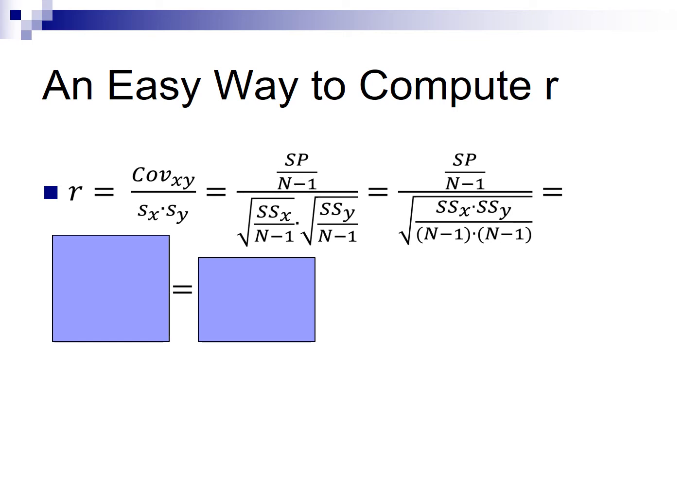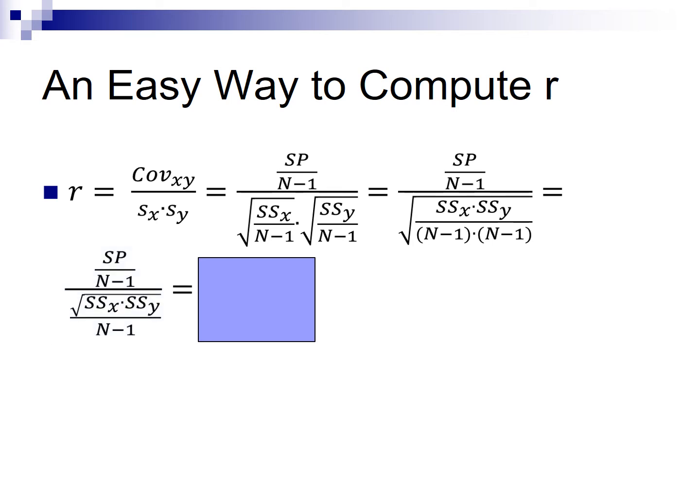Then if we keep the top the same, the bottom could be the sum of the squares for x multiplied by the sum of the squares for y, divided by n minus 1 multiplied by n minus 1. So the top stays the same, and the bottom is the square root of the sum of squares for x multiplied by the sum of squares for y, divided by n minus 1.